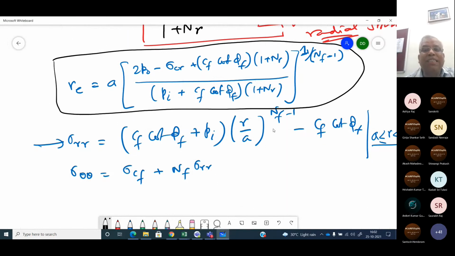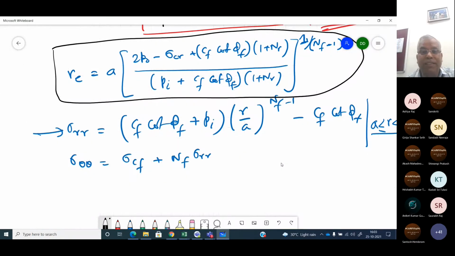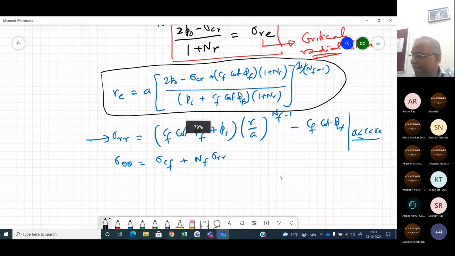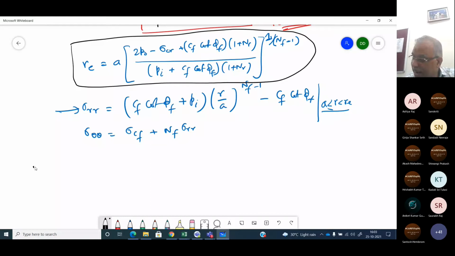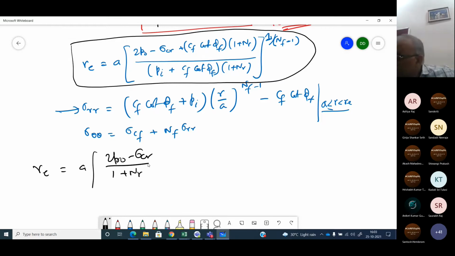Let me divide this equation by 1 plus NR, both numerator and denominator. What I get is Re equals a times 2 P naught minus sigma CR by 1 plus NR. See, this becomes 1 plus NR. It is coming like this.